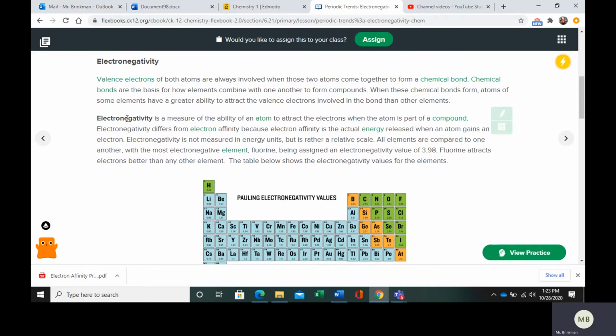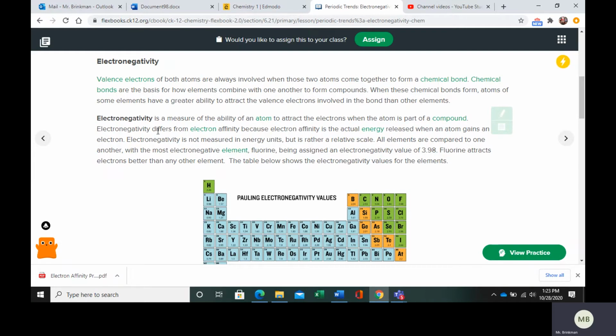So electronegativity is the ability of an atom to attract the electrons when the atom is part of a compound. So when an atom is combining with another atom to form a compound, one of the atoms is going to have a higher ability of attracting the electrons to form the compound.